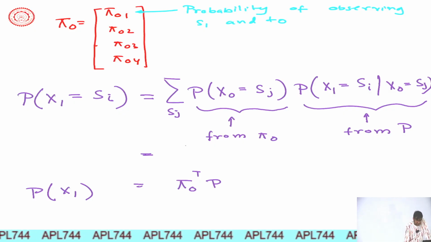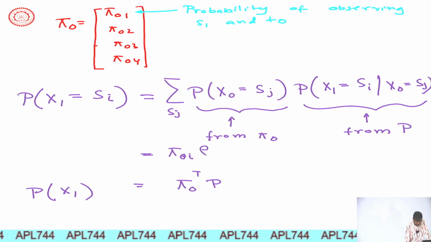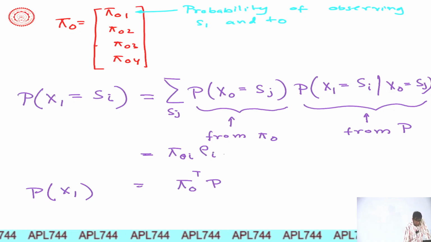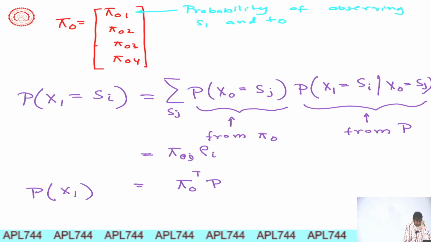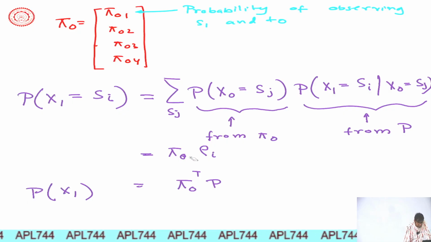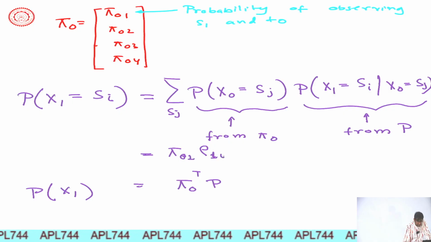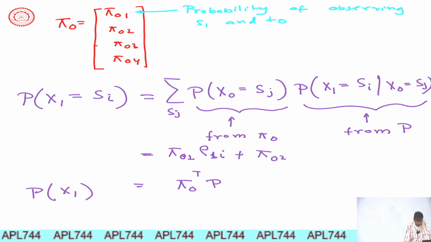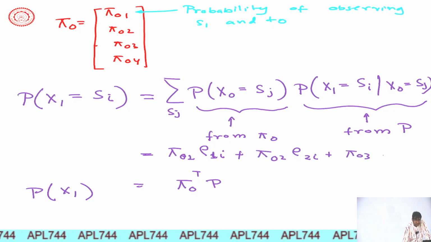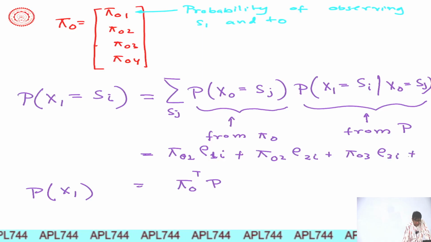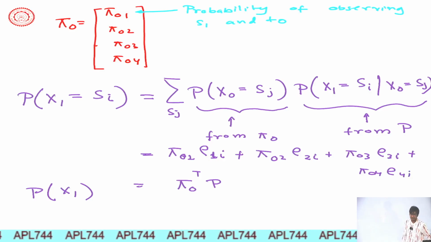So this will be equal to pi 0 1, and you want to go from 1 to i, plus pi 0 2, and you want to go from 2 to i, plus pi 0 3, and you want to go from 3 to i, plus pi 0 4, and you want to go from 4 to i, right? That's what you will get.